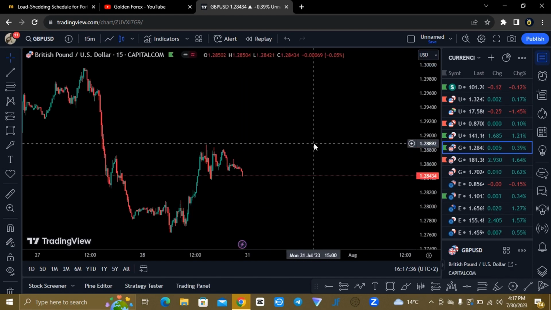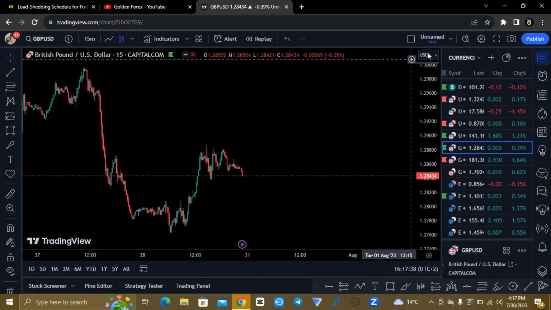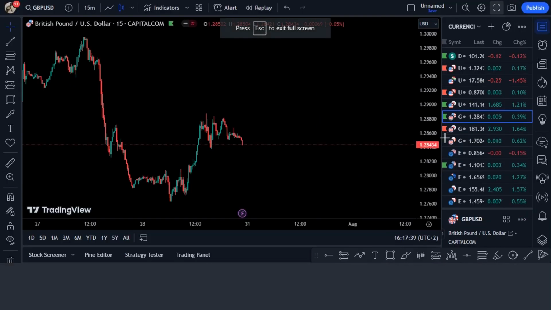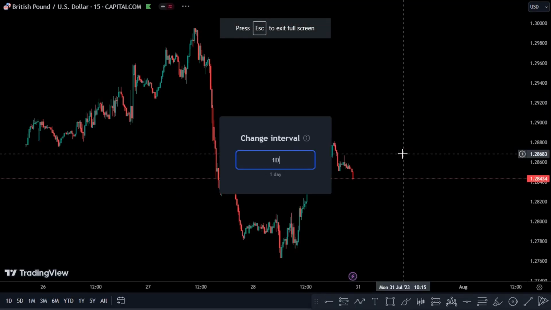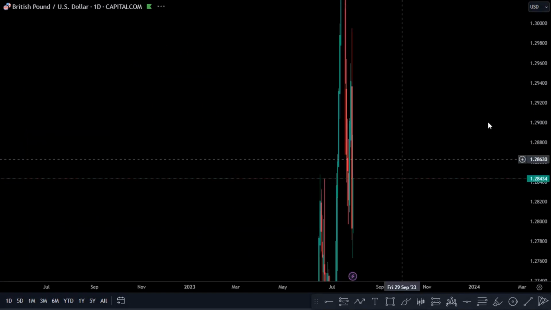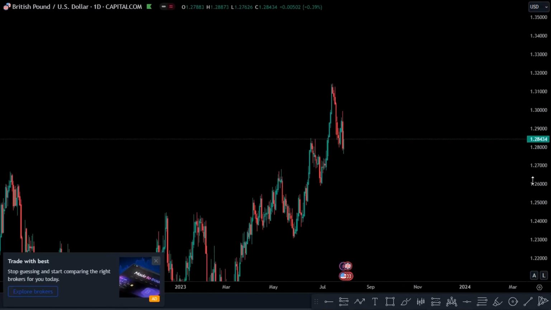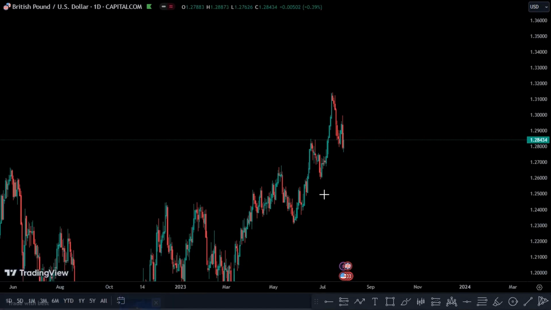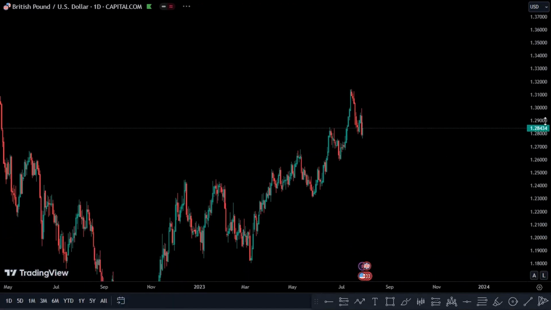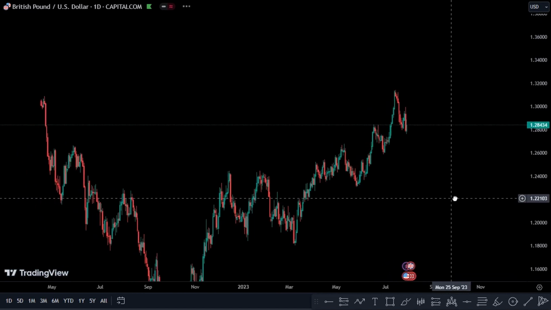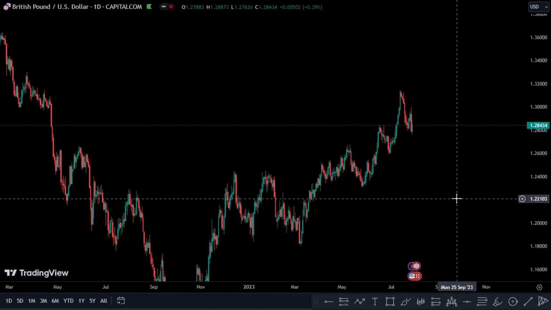Just like this week, I just have my focus on simply 2 pairs. You don't need to trade everything in order to make money or become profitable or consistent. You just need to be disciplined and focused, follow your strategy correctly, and then execute, use proper risk management, and wait for proper price action confirmation.